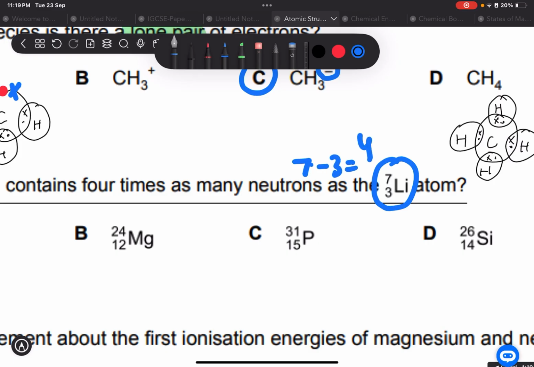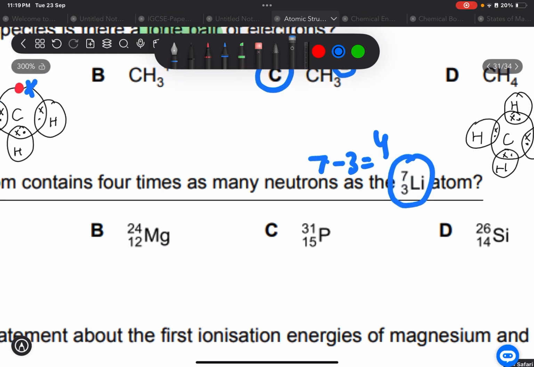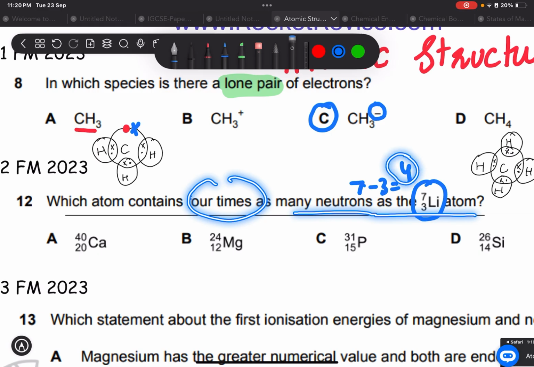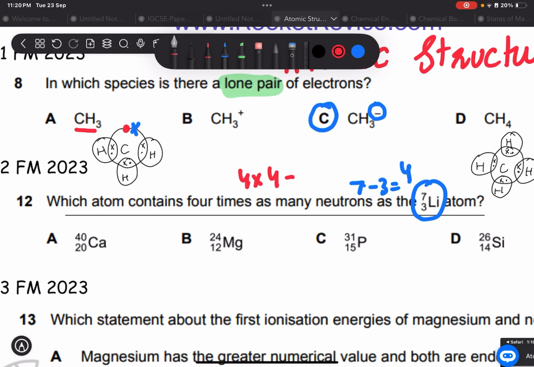So we have 3 protons and 4 neutrons in a lithium atom. Now we have to figure out a particle which has 4 times the neutrons in a lithium atom. In a lithium atom we have 4, so we multiply 4 with 4, and this gives us 16. So we're looking for 16 neutrons.